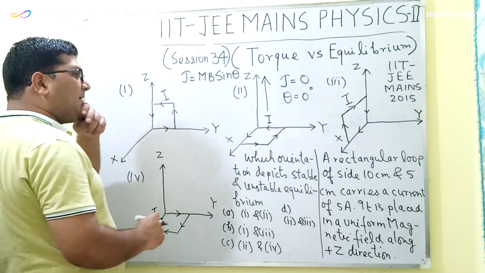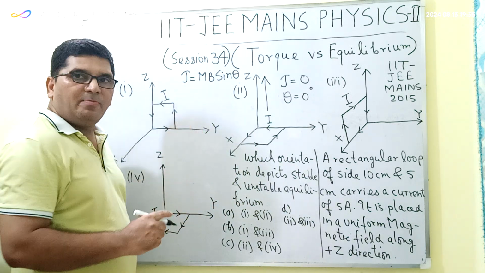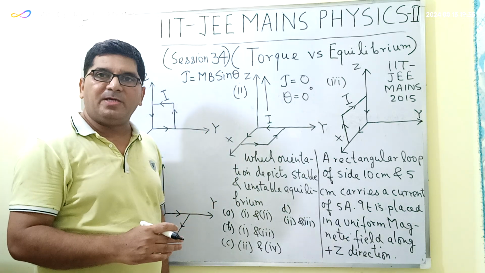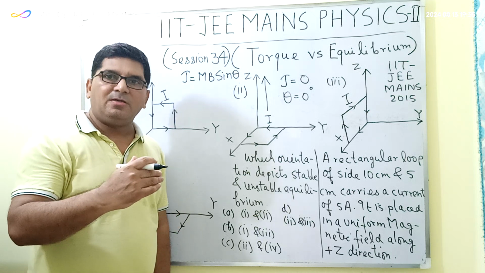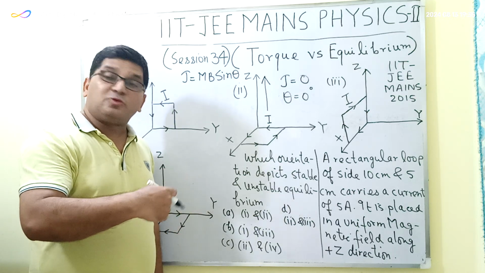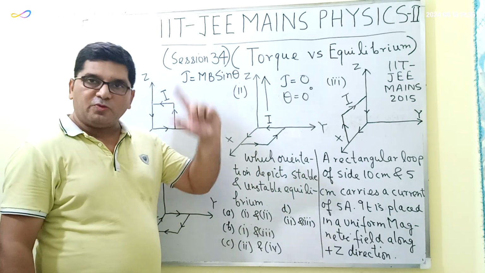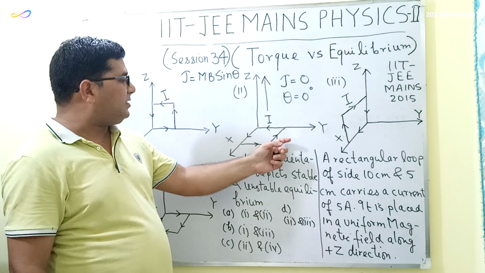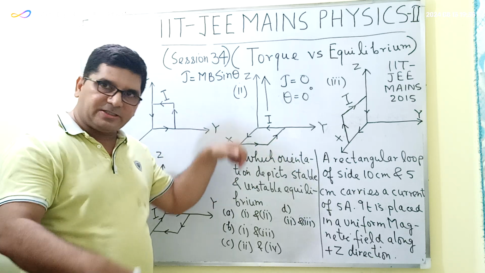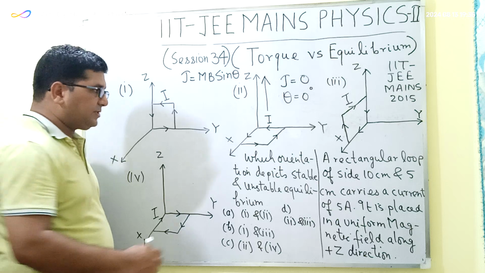Now, as all of you must be knowing, the direction of the magnetic moment is always perpendicular to the plane of the loop, and it is directed outward if the direction of the current is anti-clockwise, and it is directed inward when the direction of the current is clockwise.